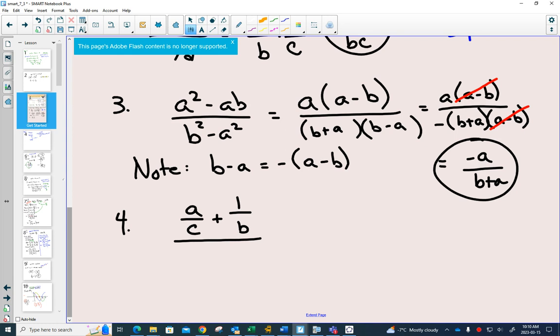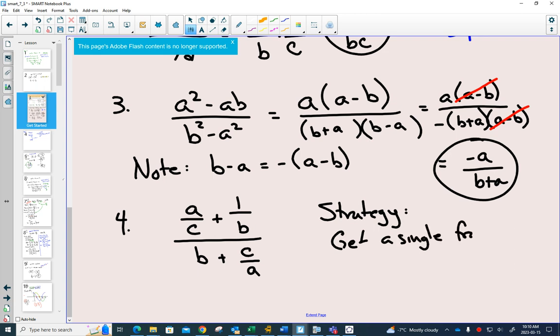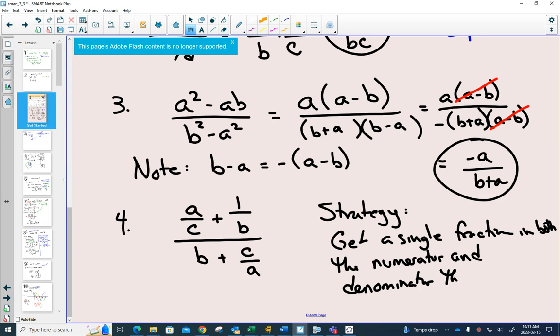A over C plus 1 over B, B plus C over A. And our strategy will be to get a single fraction in both the numerator and denominator, and then we'll divide.